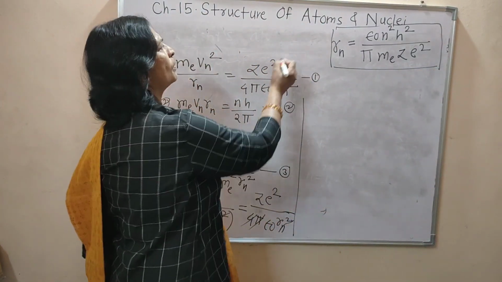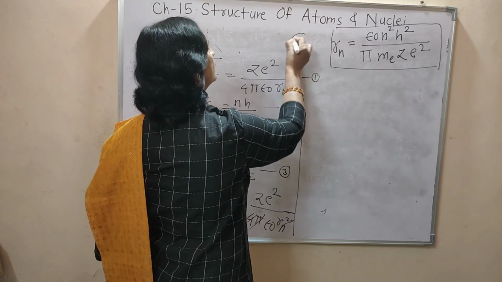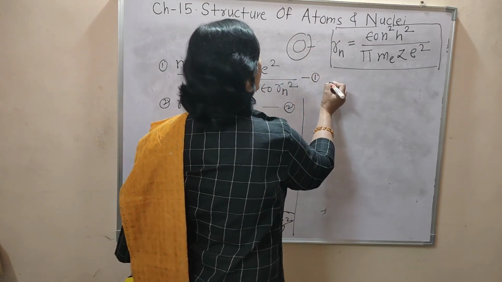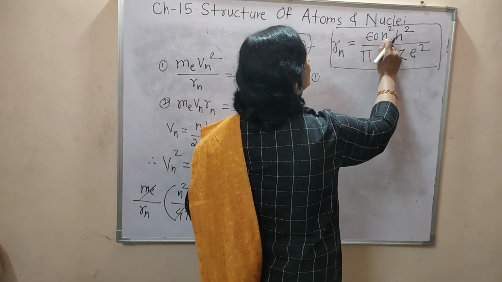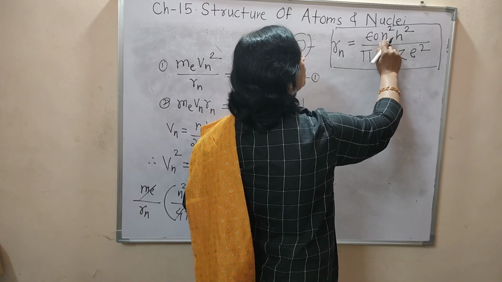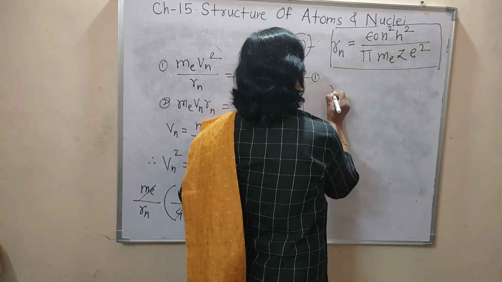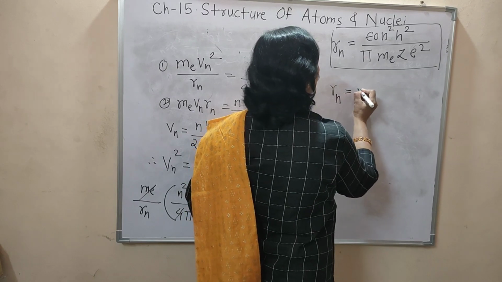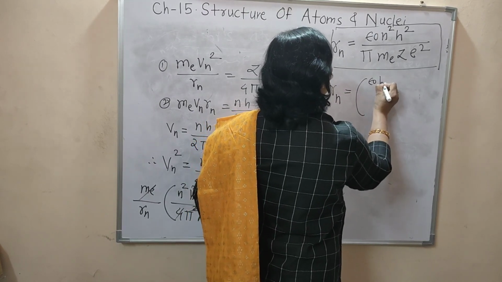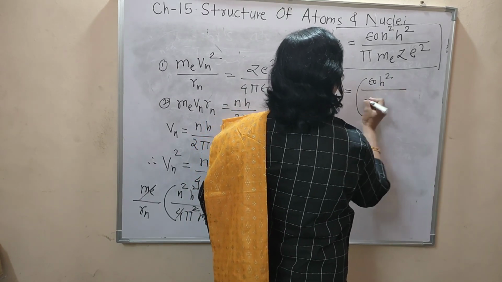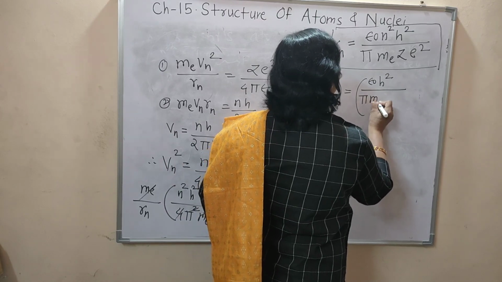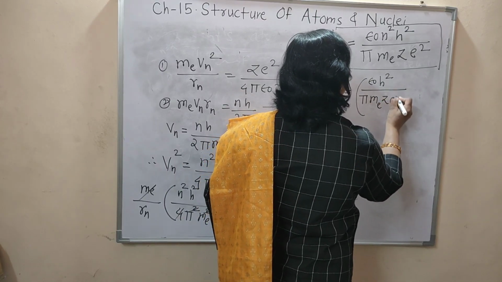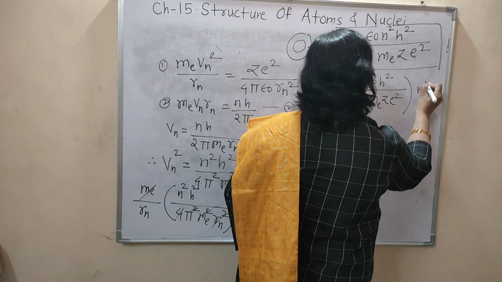Now for the first orbit, n is equal to 1. If we substitute n equal to 1, then Rn is equal to epsilon naught h square divided by pi me Ze square into n square.